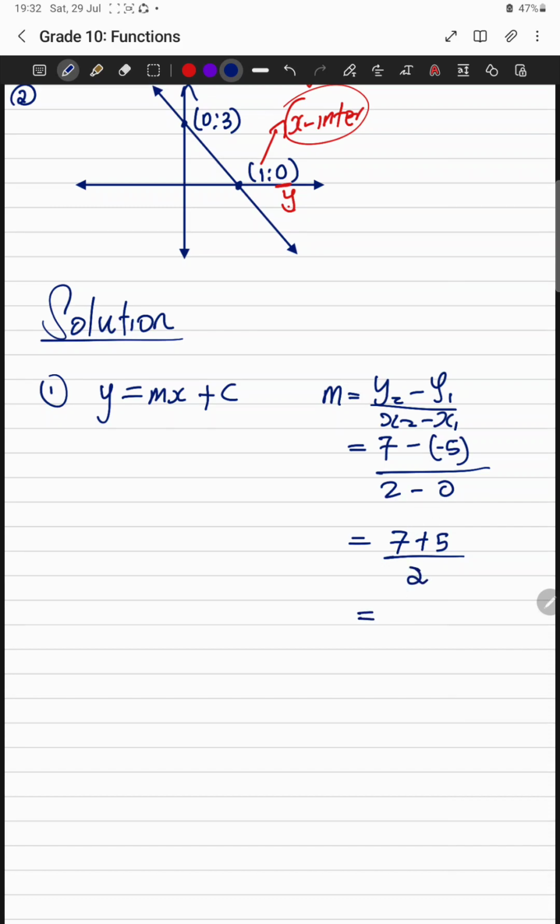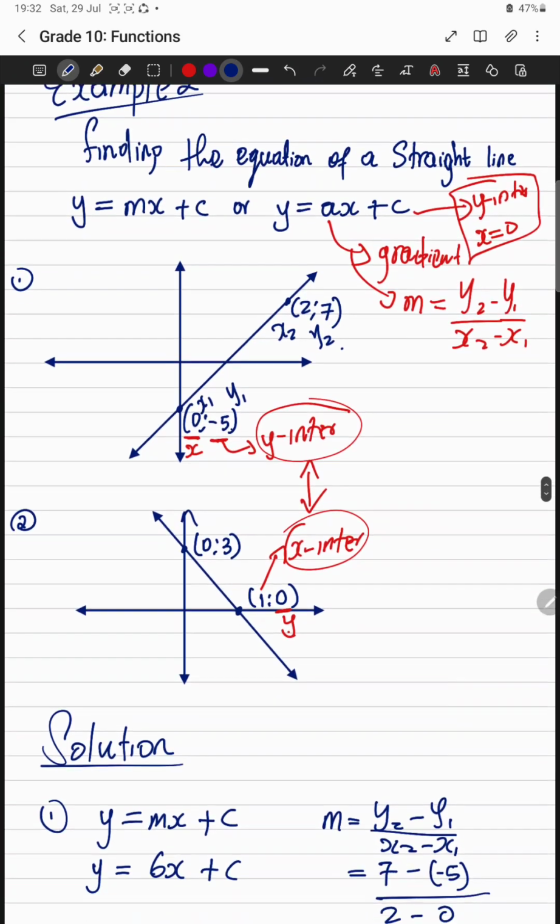And then now we just work it out. On top there's 7 plus 5, the answer is 12, divided by 2, meaning that the gradient is 6. So now that 6, we're going to plug it here. In the place of m, we're going to put 6. So it says y is equal to 6x plus c.